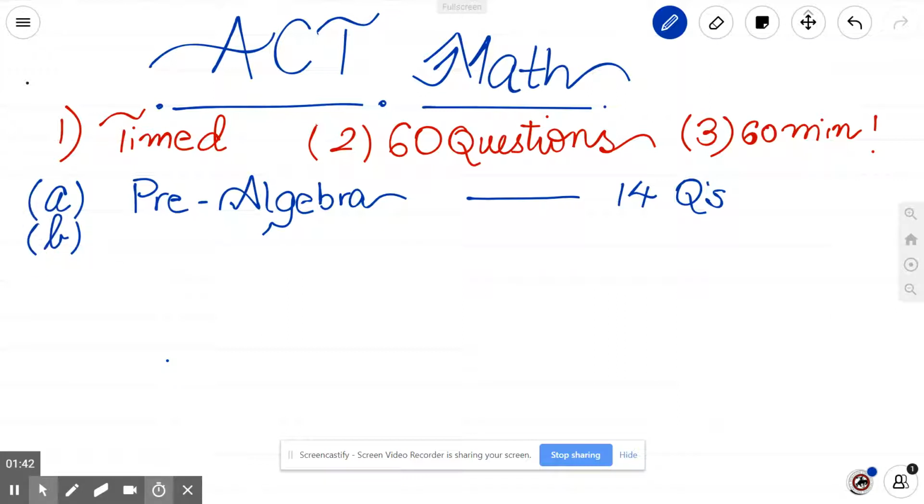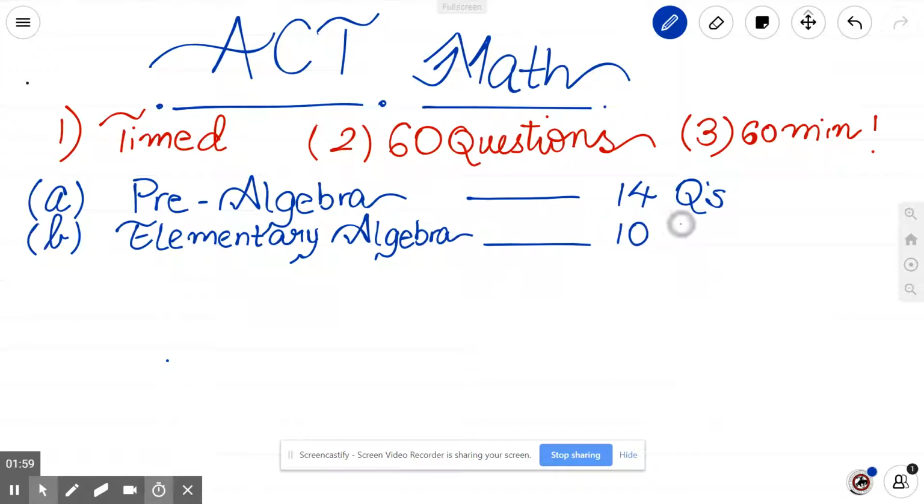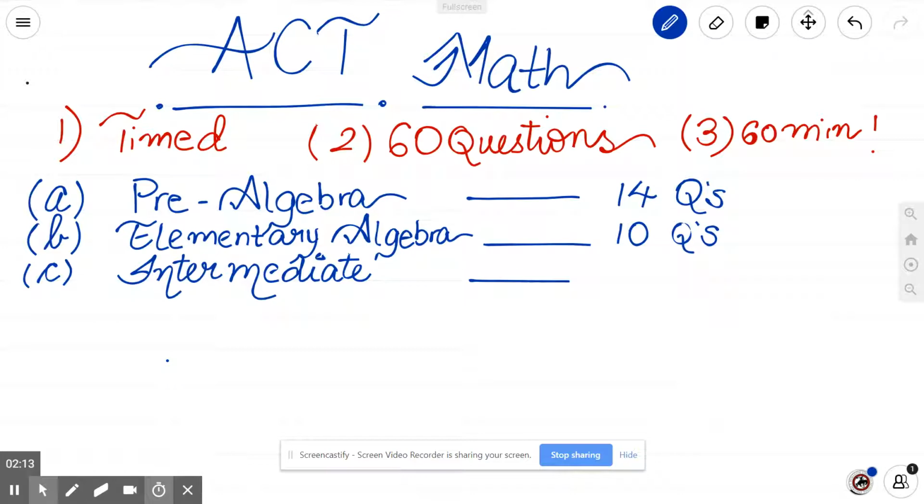Your second part of the test is going to be elementary algebra, which is 10 questions. Your third part is called intermediate algebra, which is 9 questions.